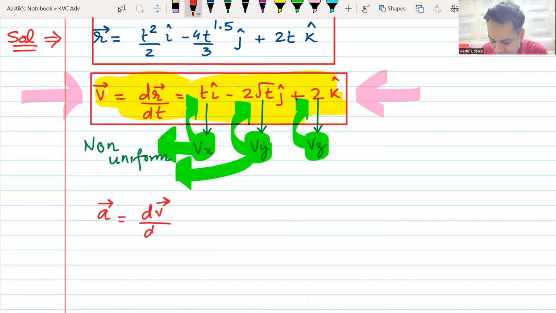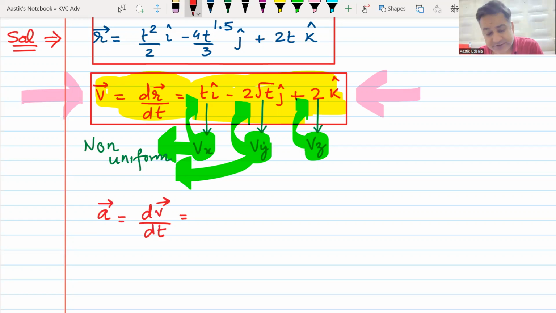Acceleration is the derivative of velocity. What will the acceleration come out as? Differentiate it, do it fast. Minus t, sir? Acceleration is coming minus t?